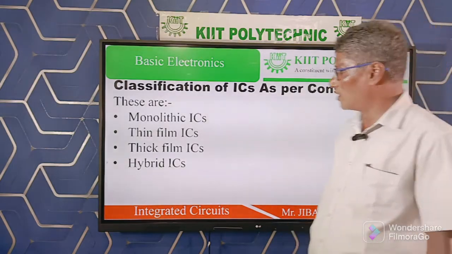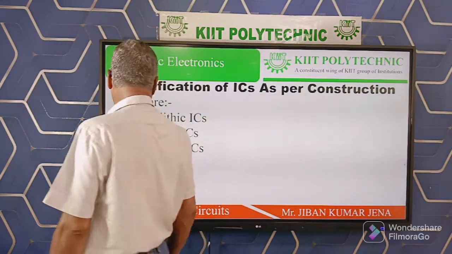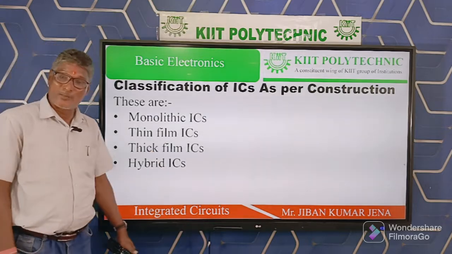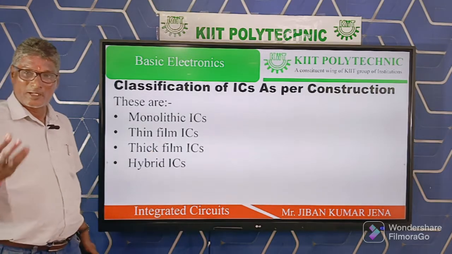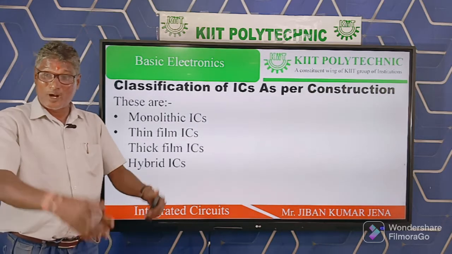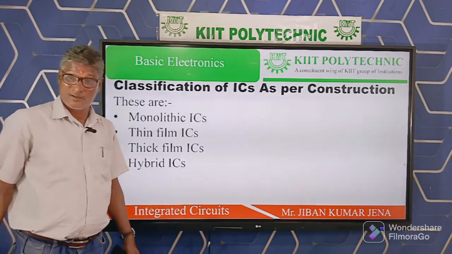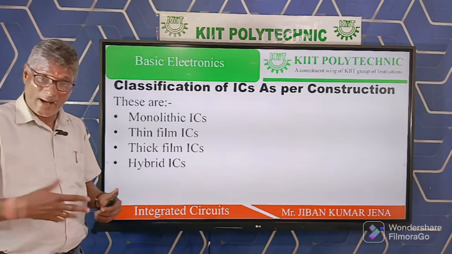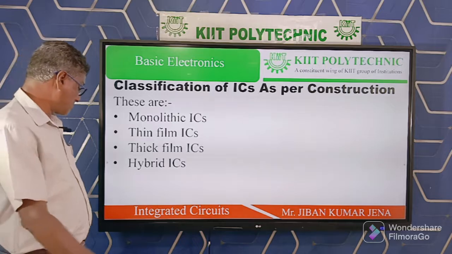Then thick film type IC is widely used. Here you can find a large number of components integrated inside the IC, and it is also widely used in the field of electronics.